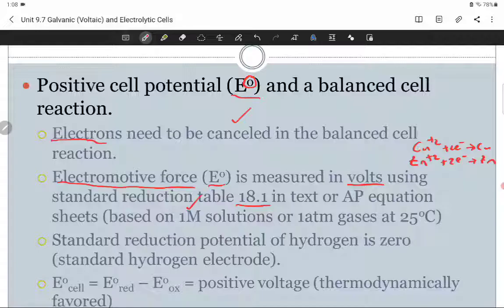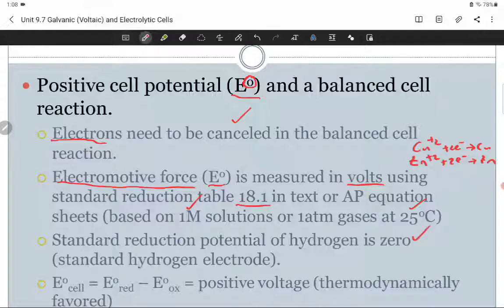We're assuming 1 molar solutions and 25 degrees Celsius. That's standard with these reduction tables. They're all relative values, these voltages that are in these standard reduction tables, and they're all based off of the potential for hydrogen.